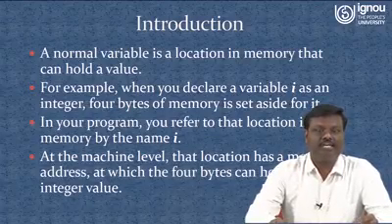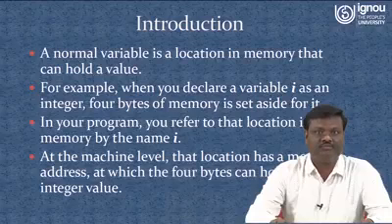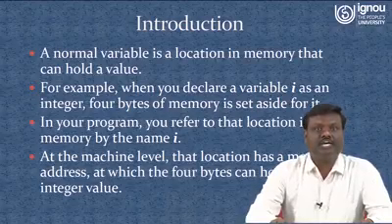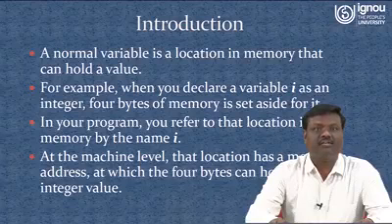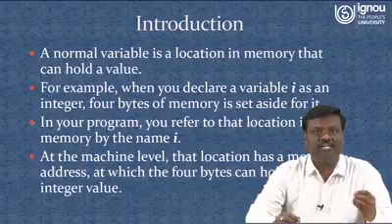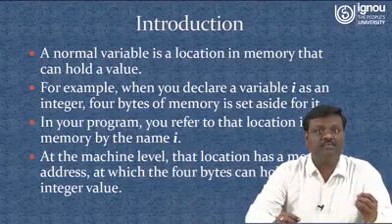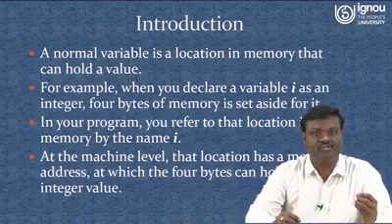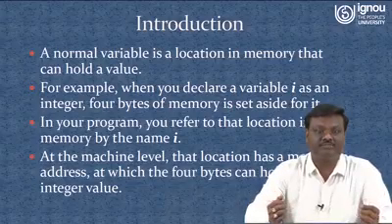And when we normally declare a variable and initialize its value, a normal variable is a location in memory that can hold a value. Whenever we refer to the variable, that is the name, the label that we had given, suppose int I is equal to 10, I is a variable and is being initialized to 10, and it is of data type integer.